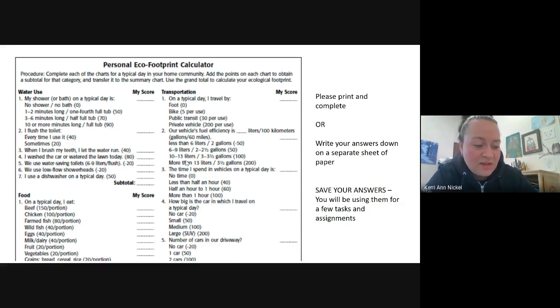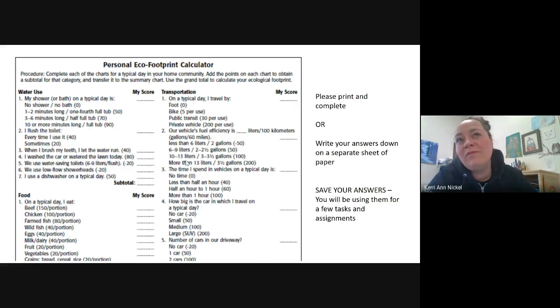So, first of all, the calculator is divided into 8 categories that represent the many ways that we consume nature every day. Now, it's not supposed to be a scientific survey. It's not going to be a perfect measure of exactly all of the resources you use, but it should give you a pretty good approximation of the impact that you have on a typical day.